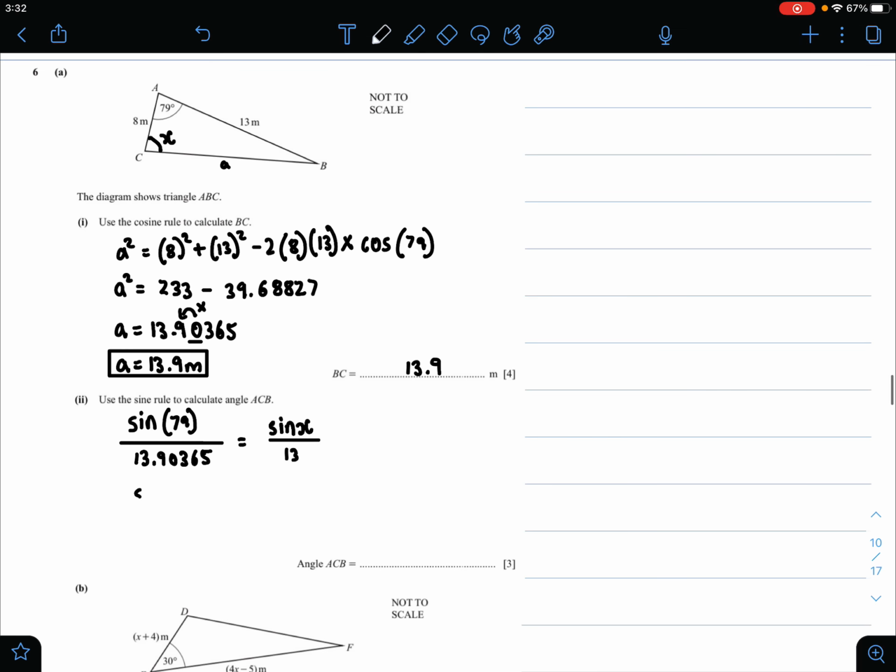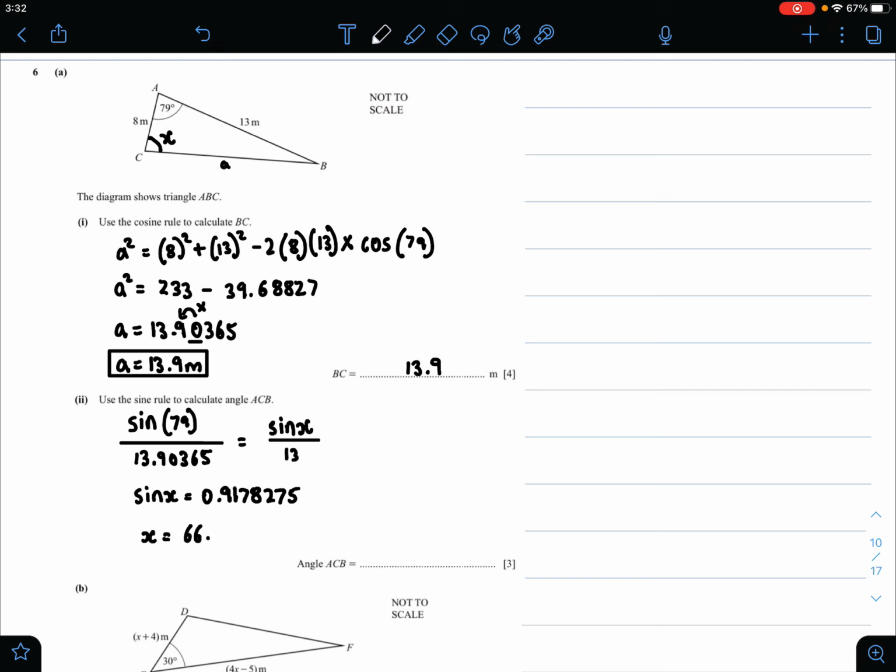Therefore sine x will be equal to sine 79 divided by 13.90365 multiplied by 13, which is equal to 0.9178275. Therefore x will be equal to the sine inverse of this decimal, because when you move a function to the other side of the equation, it becomes the inverse of the function.